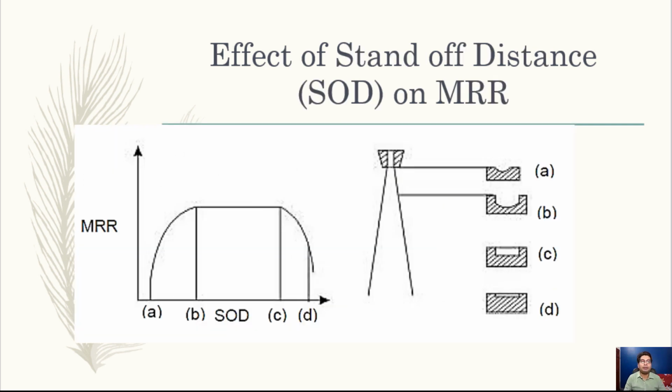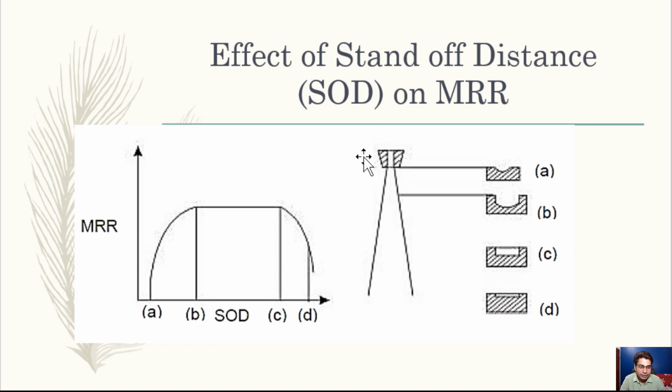Now the effect of standoff distance on material removal rate. As you may recall, the standoff distance is the distance between the tip of the nozzle and the workpiece. Standoff distance has been found to have a considerable effect on the work material and the accuracy of the workpiece surfaces produced. A large standoff distance results in flaring of the jet, which leads to poor accuracy.